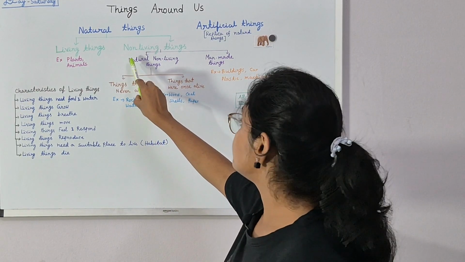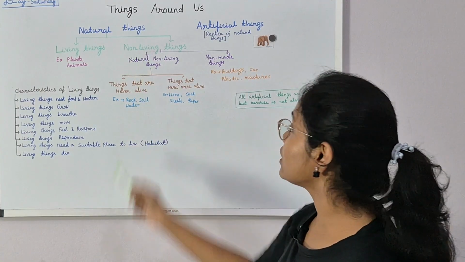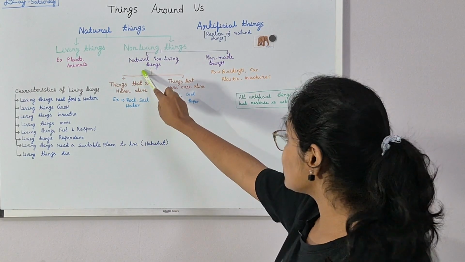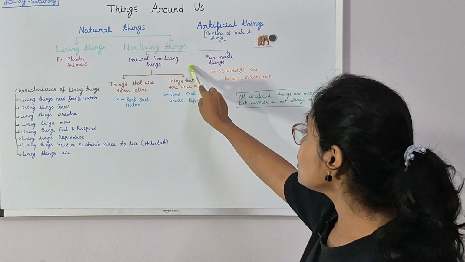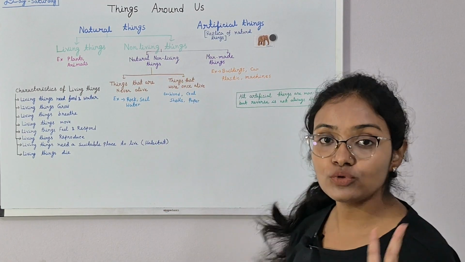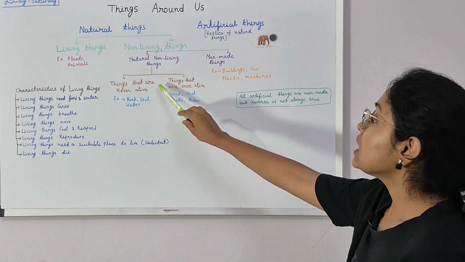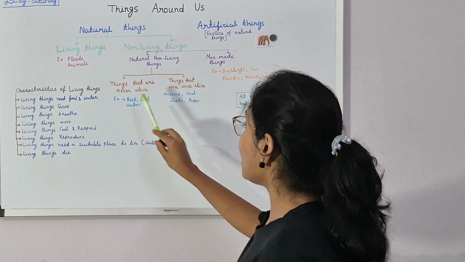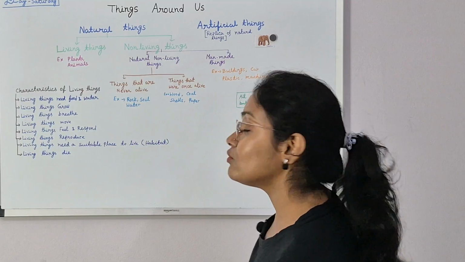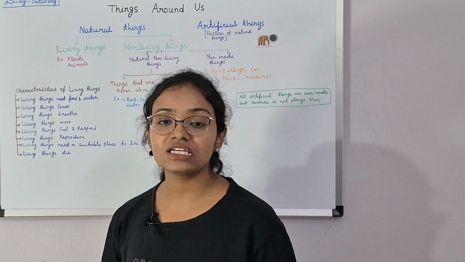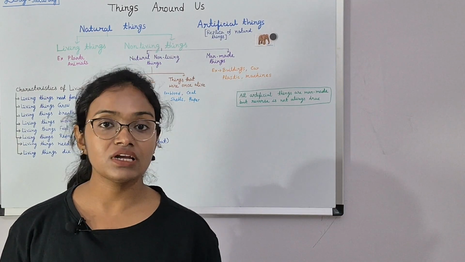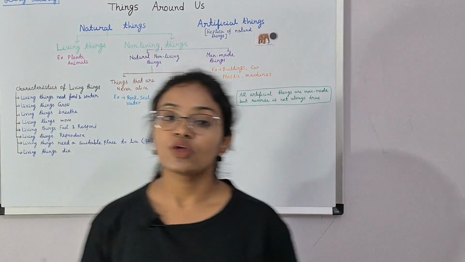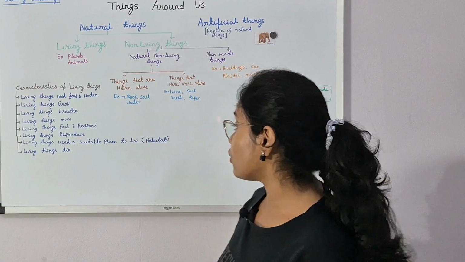Non-living things are classified into two types, natural non-living things and man-made things. Natural non-living things are of two types, things that were never alive and things that were once alive. Things that were never alive don't have life. Examples are water, soil, rock.